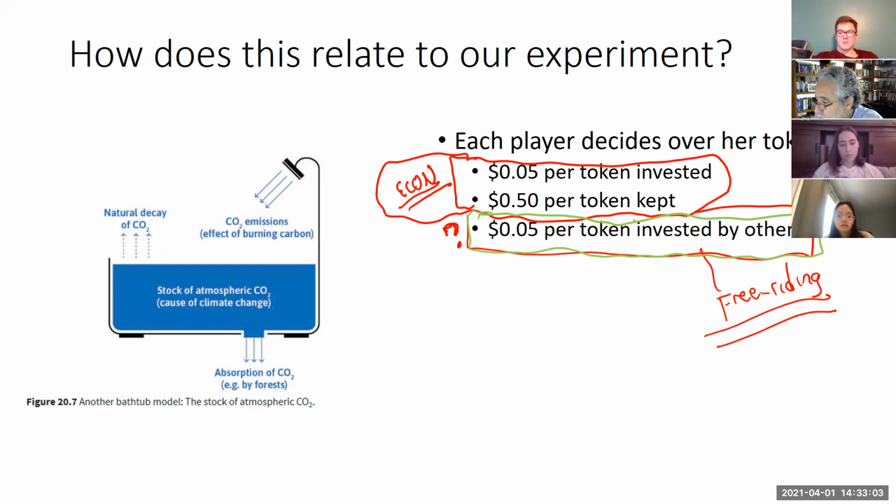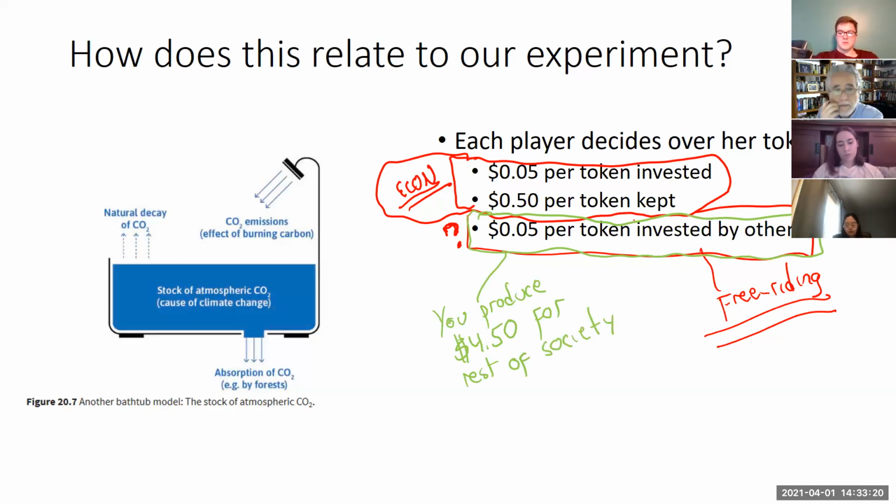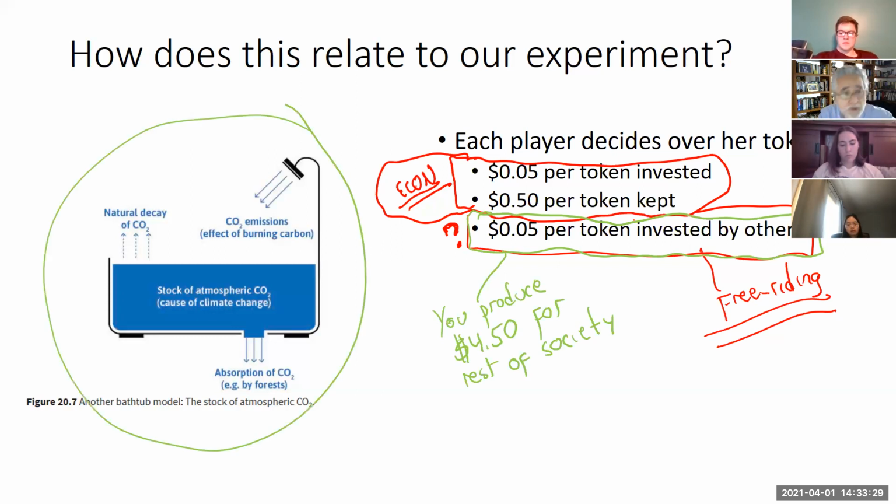But also another approach, and I'm going to put it in green, means you also produce 450 for the rest of society. And what we're going to be discussing later is what kind of economic rationality we need for the good Anthropocene to think about this particular problem of climate change and any other environmental challenges that we have ahead.